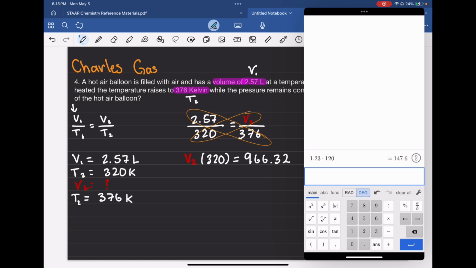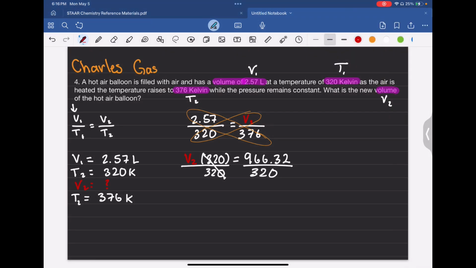Okay. And then all that's left to do is solve for volume 2. By now you should know that we divide because we are multiplying here. The opposite of multiplication is division. So we need to divide out this 320 from both sides, so we can have volume alone.